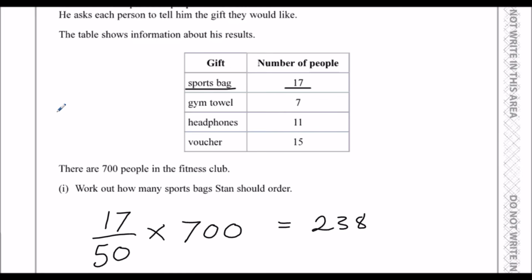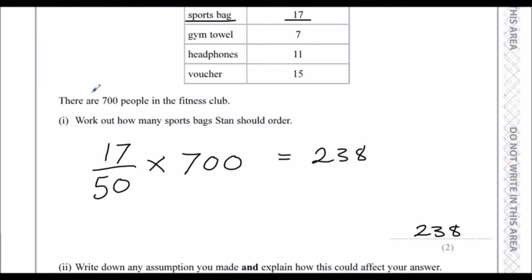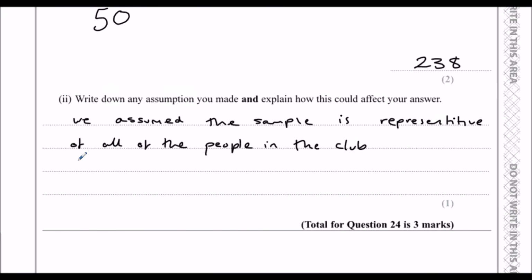So we're assuming that this sample he's taken is representative of all 700 people. And explain how this could affect your answer. Well, if it is not, the answer, whether it could be higher or lower, would be inaccurate. The answer would not be accurate.